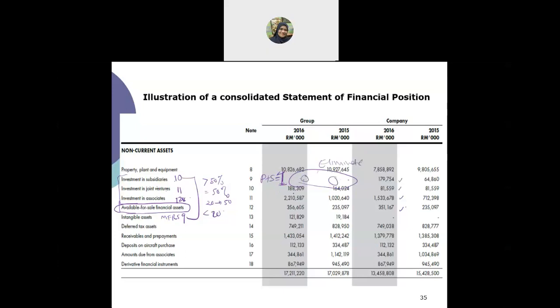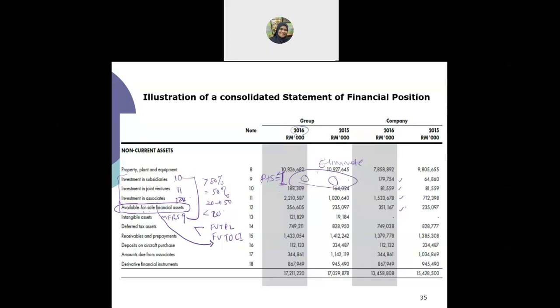In the group here, we only have investment in joint venture, associate, and investments available for sale. Since this is quite old, they still use available for sale, but starting from 2018, 2019 onward, they use fair value through profit or loss, and fair value through other comprehensive income. Available for sale is normally under fair value through other comprehensive income. They just changed the terms for the investments.